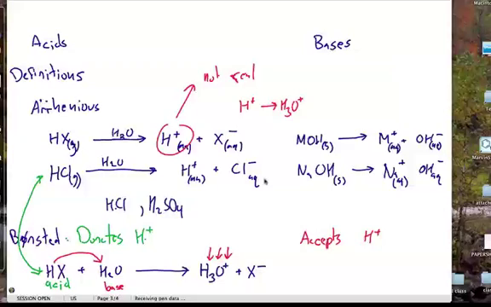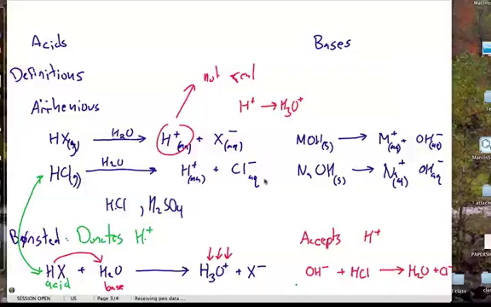Right? Now, we can sort of fit this Arrhenius definition if we think about something like OH minus. It will react with HCl to produce H2O and Cl minus.